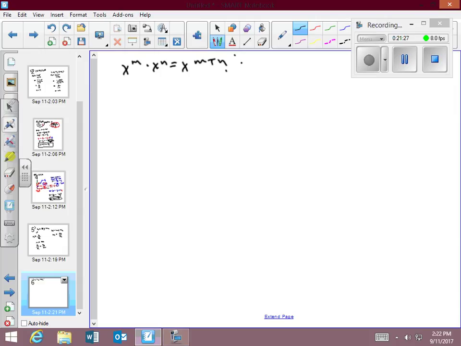Now, if I put it in number form, if you had 5 squared times 5 to the 4th power, you see the bases are both 5, they're the same, so this is a times. You add the exponents. So it's the same as 5 to the 6th power.